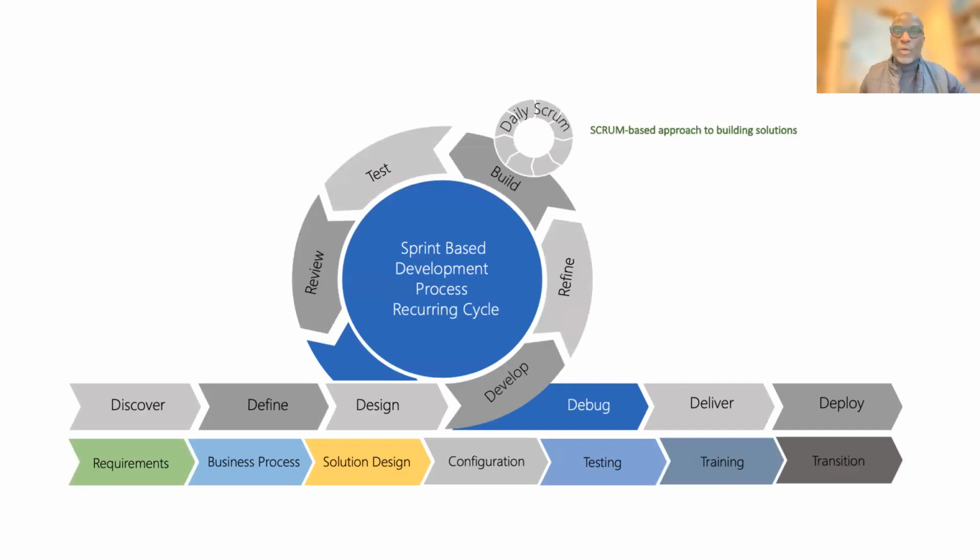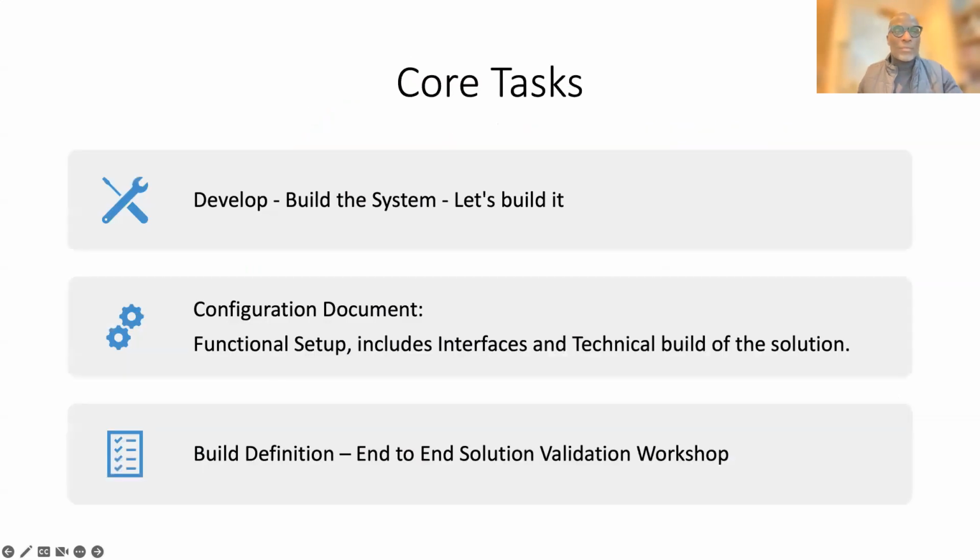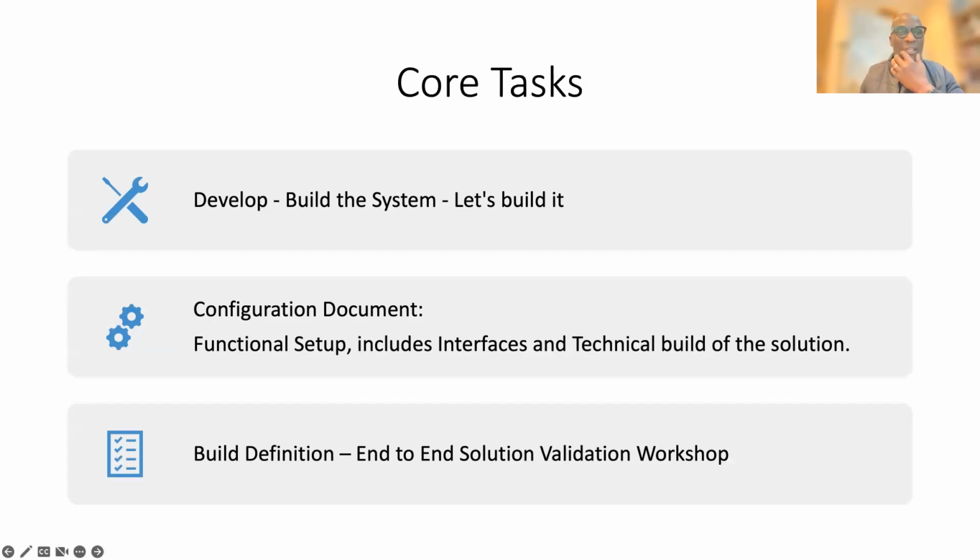In terms of the flow, we're actually in this step of the flow, looking at the continuous cycle of building our product. When I say our product, I'm talking about the implementation itself. And in terms of the core tasks, the first thing that we want to do is look at the config docs.